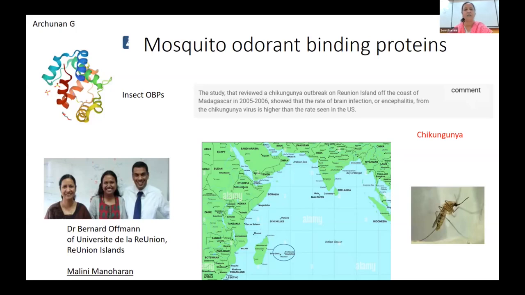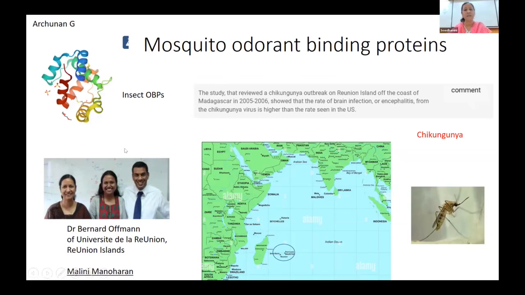These are rich in helices, and these also became interesting to us in general, and also because of our outreach to Dr. Bernard Hoffman, who then became our long-term collaborator as well. He had been working at the University of Hawaii. And we, in fact, co-shared a student, Malini Manoharan, who can be seen right in the middle in this picture.